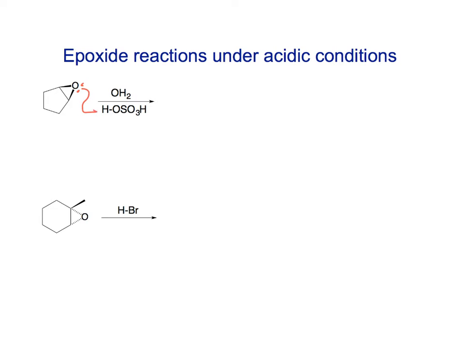In this case, it's the oxygen that's going to be the most basic position, and it can be protonated to make that oxygen a better leaving group. Notice that this oxygen now has three bonds with a plus charge, which is the same as what we saw for the water molecules that were leaving groups.